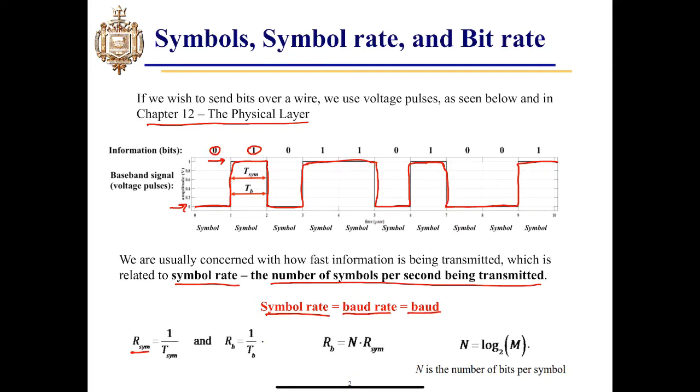Well, it's just the inverse of the period of one symbol. You can see for this particular symbol to represent a digital 1, the time it takes to transmit that 1 is 1 microsecond. The scale here is in microseconds. So to transmit that 1 bit takes 1 microsecond, and 1 over 1 microsecond is your symbol rate.